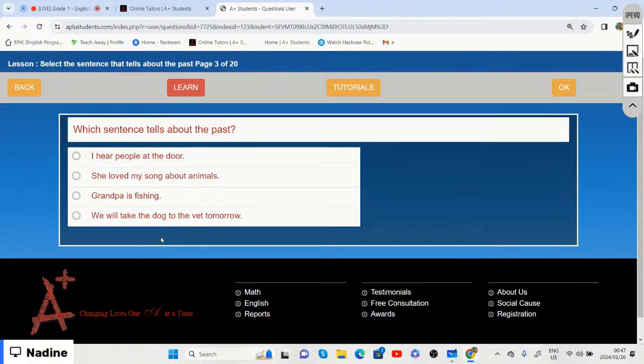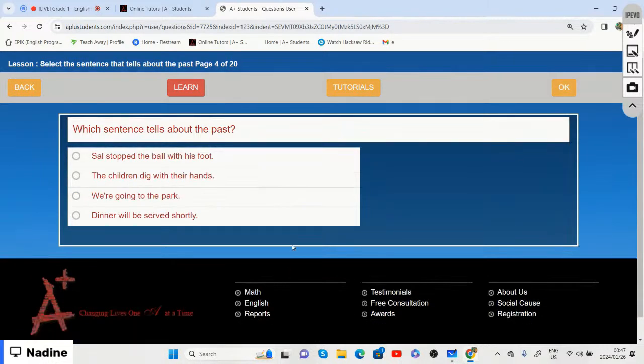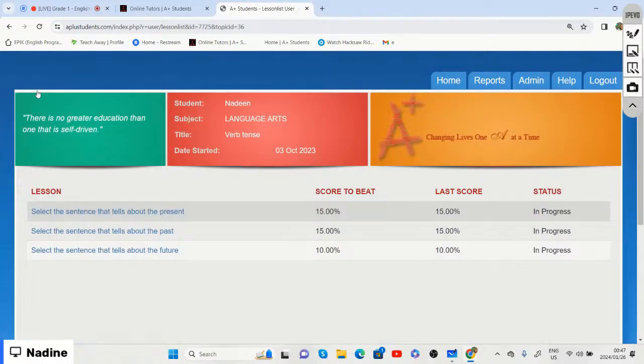So that is basically the sentences that tell us about the present as well as the past.